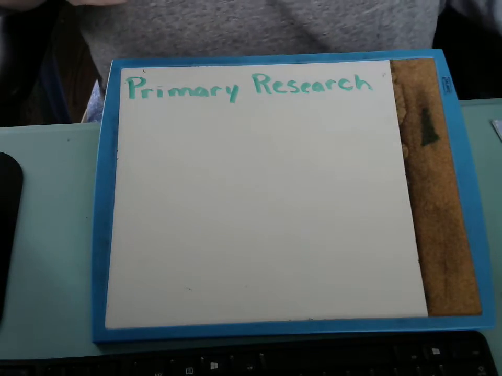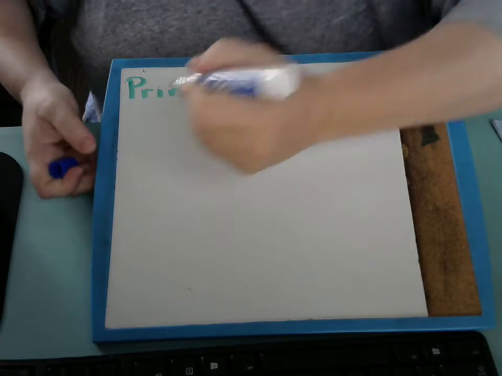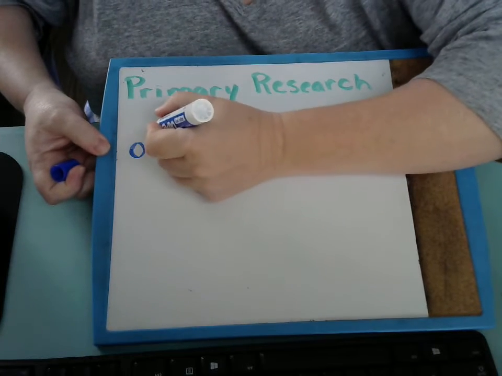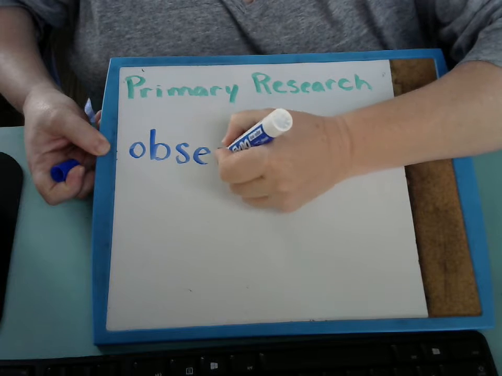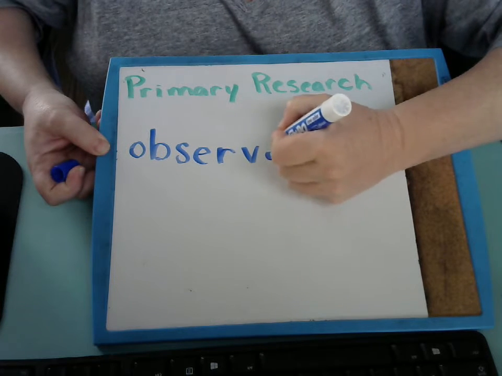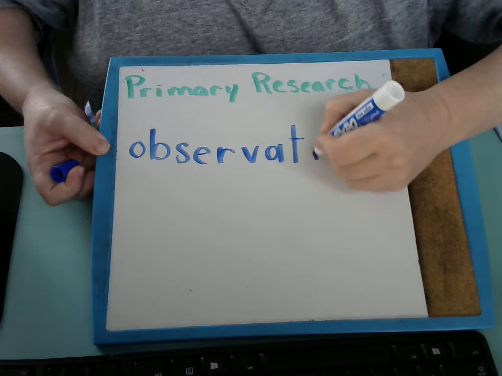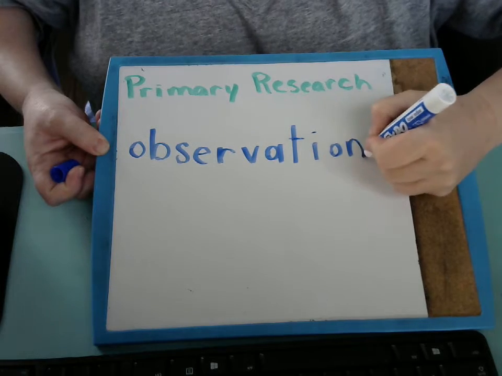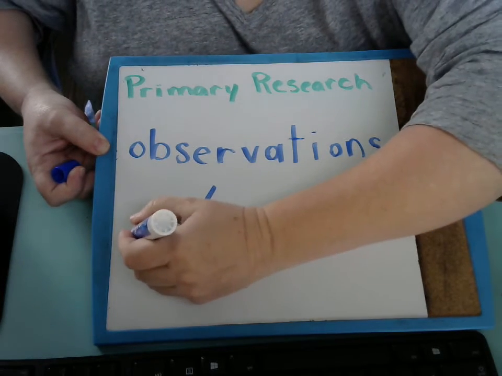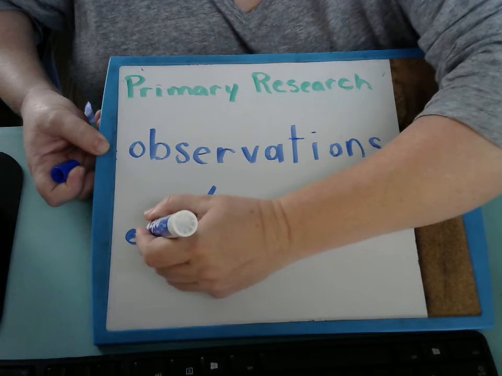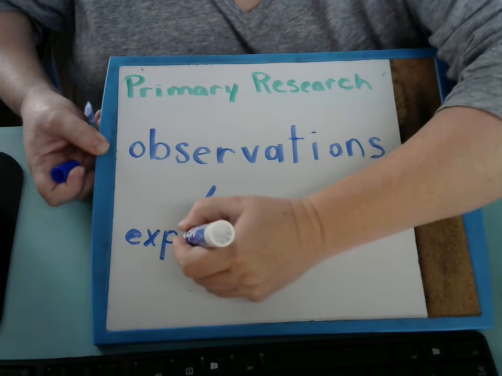So one way that we can do primary research is to do observations. And Walter Wick based those observations on experiments.